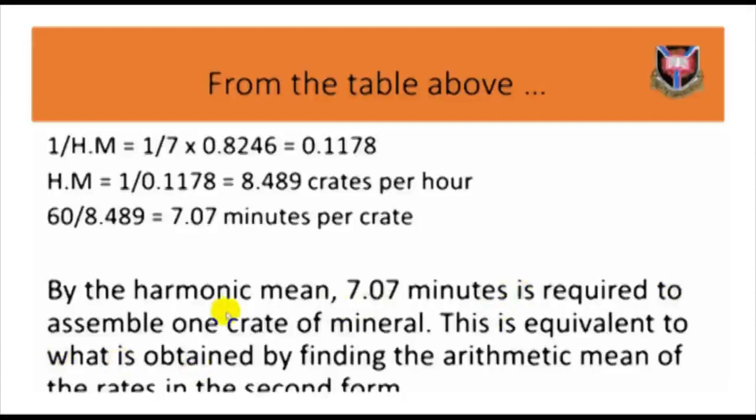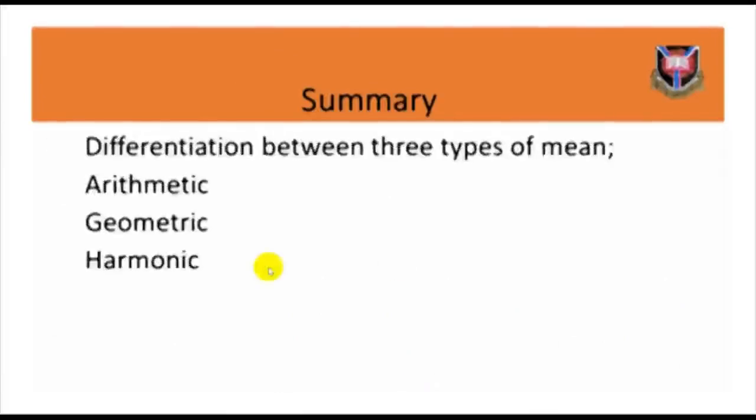Study session summary. In this study session, we have differentiated between 3 types of mean: arithmetic, geometric, and harmonic. We stated that the arithmetic mean or average is calculated for ungrouped data by adding all the values together and dividing by the number of cases.